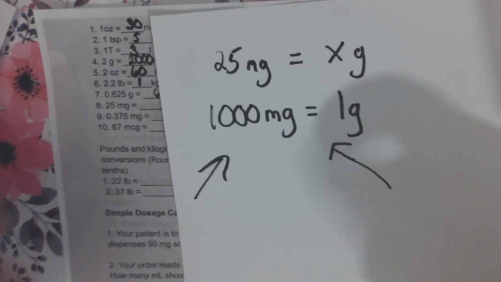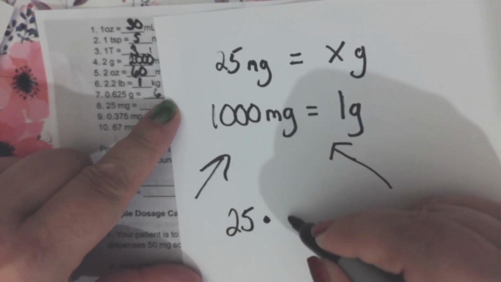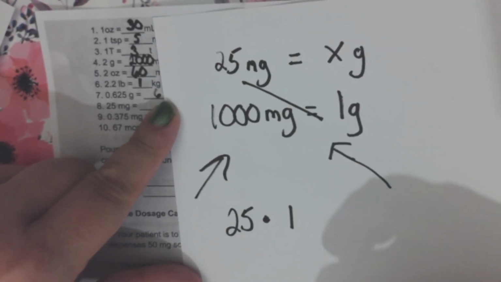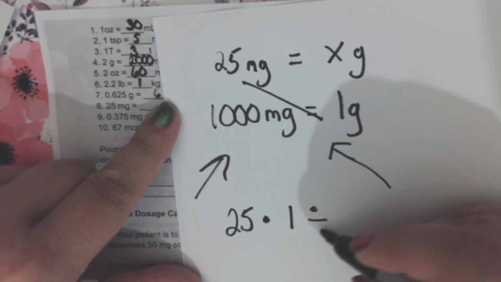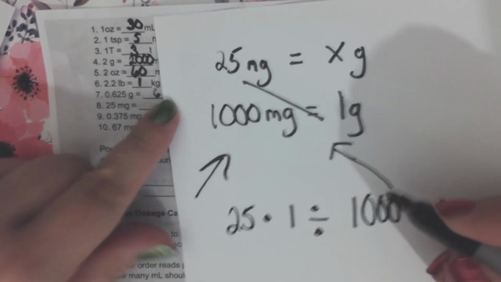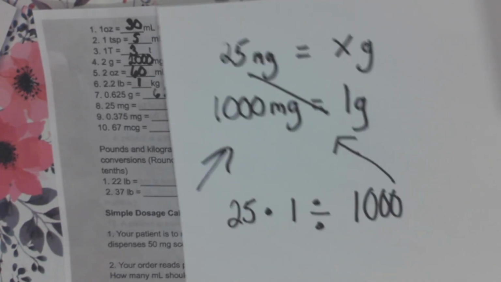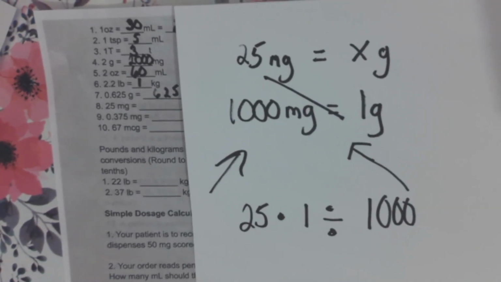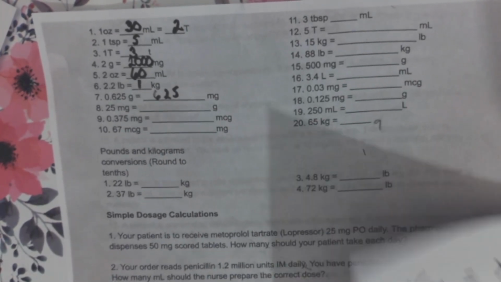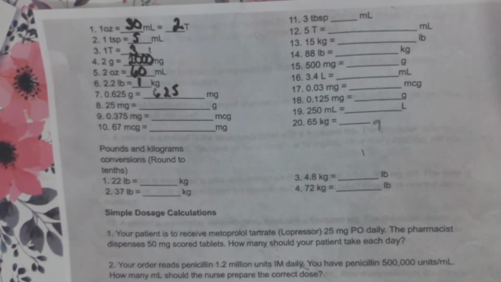So the way you set it up is 25 times 1, cross multiply, and divide by 1,000. All right, and you just keep doing it this way, alright? So let me let you look at this and pause the video and continue with the math. And I will see you in the next video.